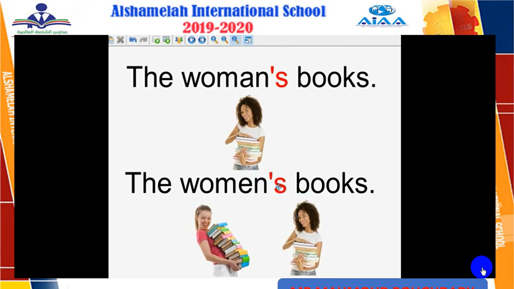It's apostrophe and then S, even though it's plural. Okay? As we talked about in class, that's because words like people and women are irregular plural forms. They don't end in S. So irregular plural forms like that, we put apostrophe S even though it's plural.